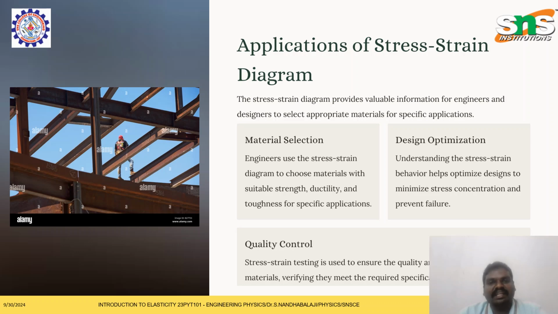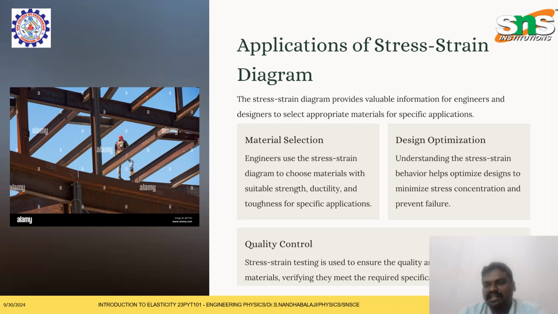Applications of the stress strain diagram include material selection, design optimization and quality control. In material selection, engineers use the stress strain diagram to choose materials with suitable strength and toughness for specific applications.